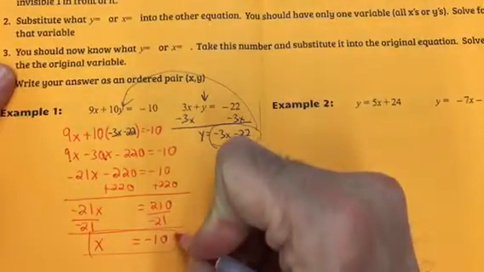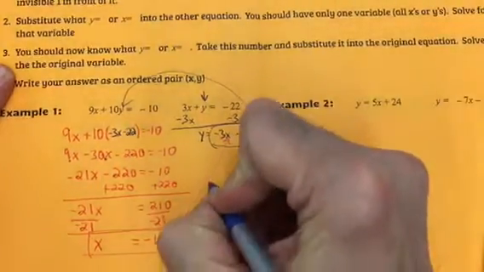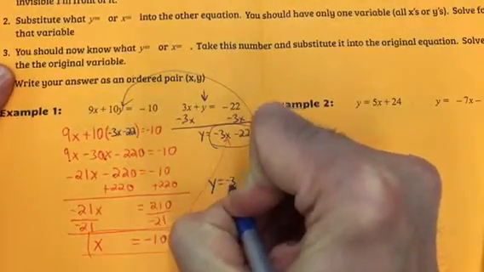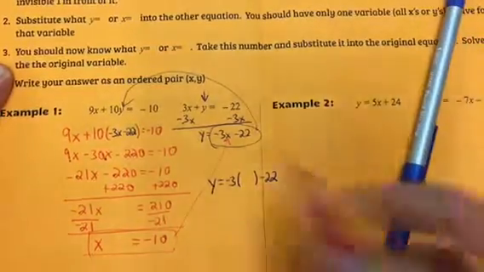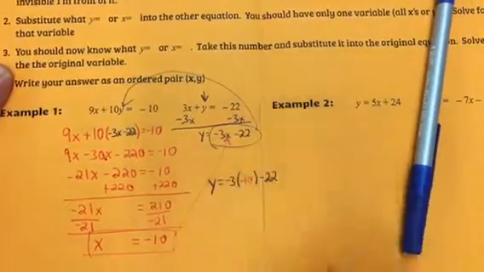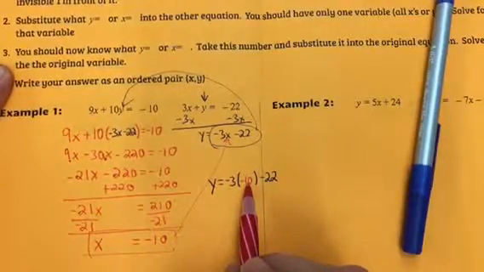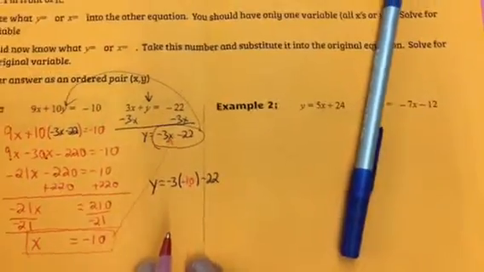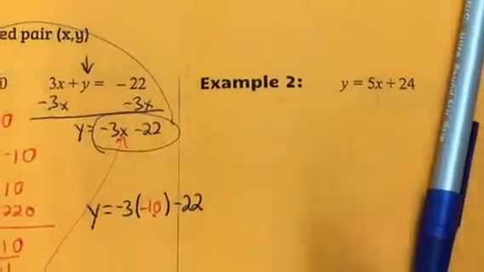Oh, so this is going to go right here. Y equals negative 3 times negative 10 minus 22. X becomes negative 10. Okay, let's zoom in. See how this works out.